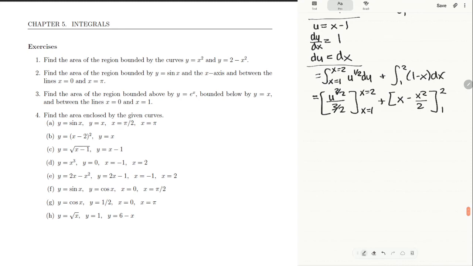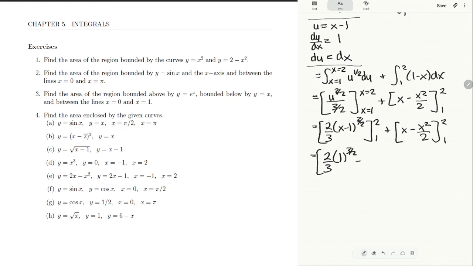Now let's substitute back the original variable and simplify the coefficients. We have 2 over 3, x minus 1 to the 3 over 2. We evaluate this at 2 and 1. Substituting 2 into the antiderivative, we get 2 over 3 times 1 to the 3 over 2.